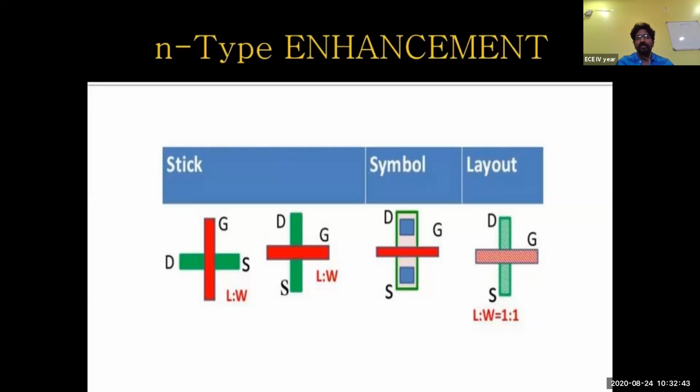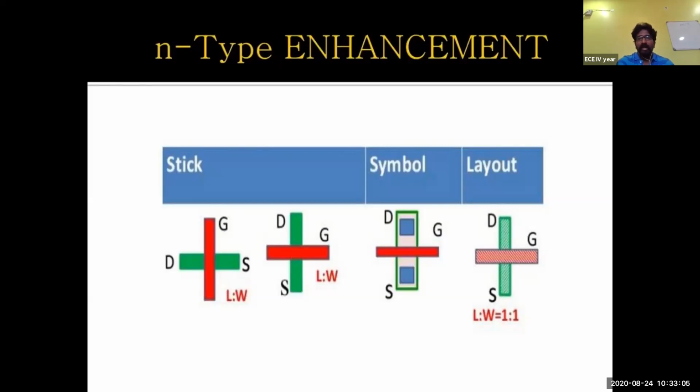That is the fashion of stick we use while drawing CMOS inverter or NAND gate structures. And there's another way. In the second diagram, we can draw the diffusion vertically, and draw the polysilicon perpendicular to that. And there's a symbol of layout and also stick.